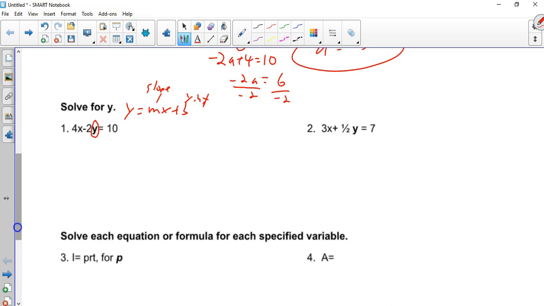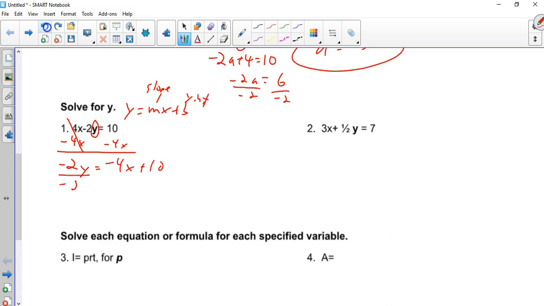Well, we have to get y by itself, so what do we do? We move the 4x over. Now, do not say 10 minus 4x is 6x. These do not combine. Common mistake, but that doesn't happen. We get negative 2y is equal to negative 4x plus 10. It's customary just to put the variable first.